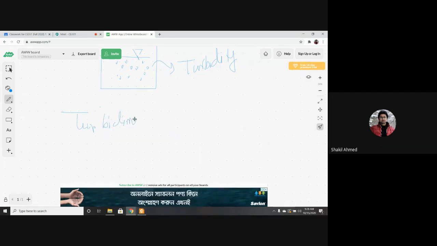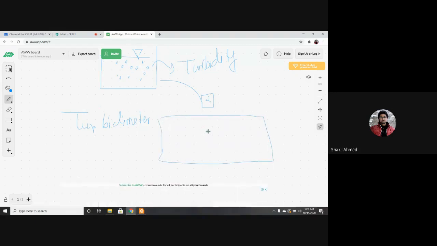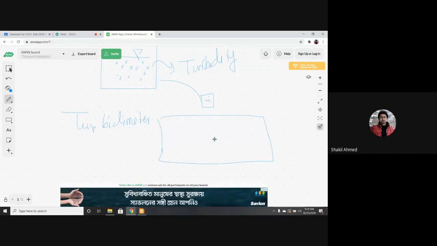You take some sample from here, shake it well, and put it in the machine. In the turbidimeter, you look from above.